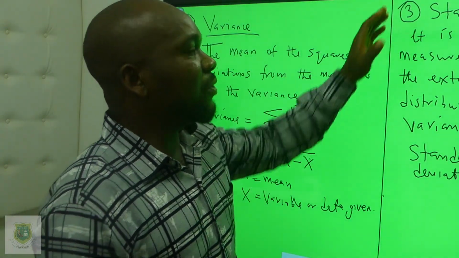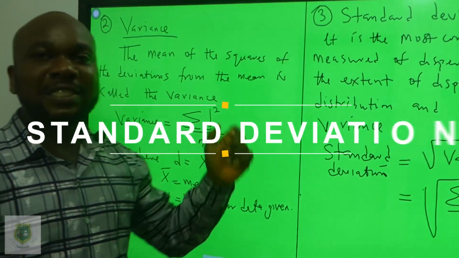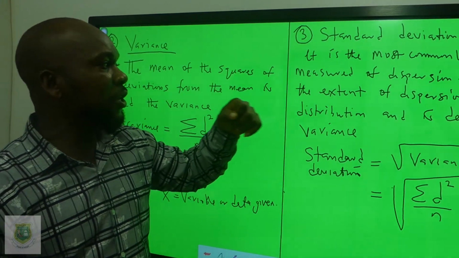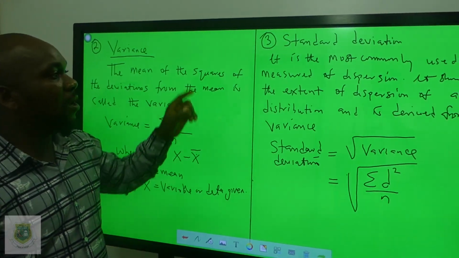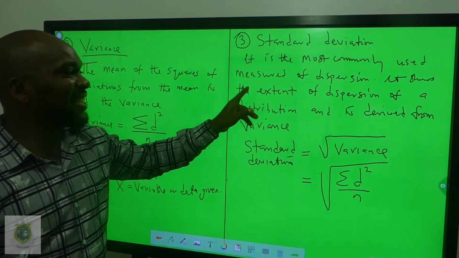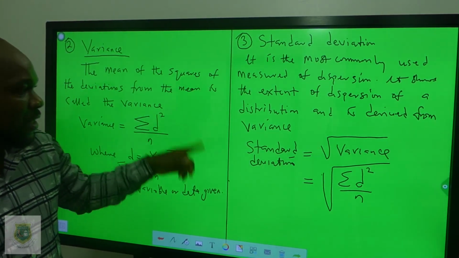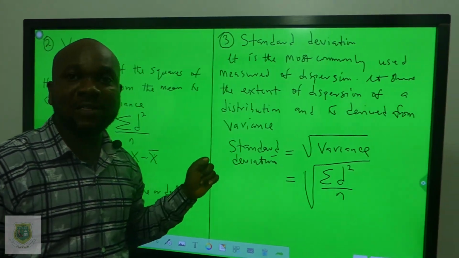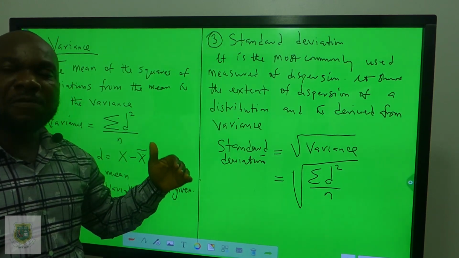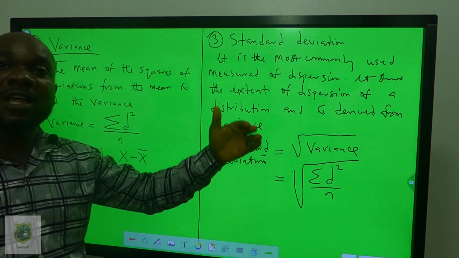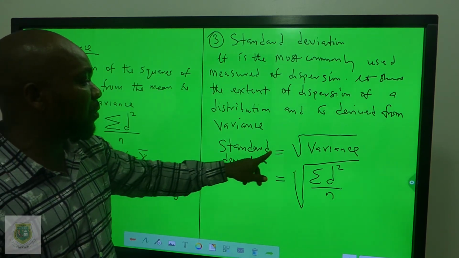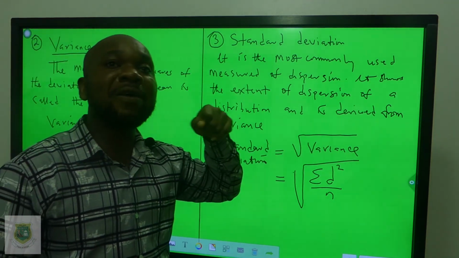Then, the next one is standard deviation. Standard deviation is the most commonly used measure of dispersion. It shows the extent of dispersion of a distribution and it derives from the variance. So they are in sequential order. If you determine variance, you can now determine the standard deviation, because standard deviation is simply the square root of variance.